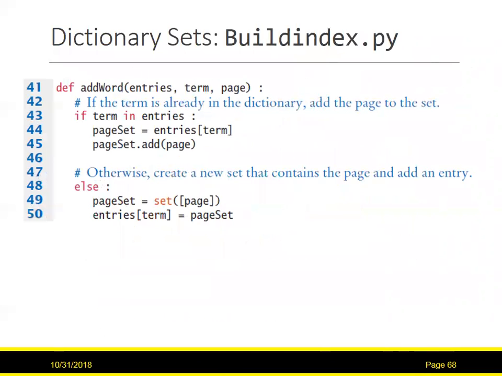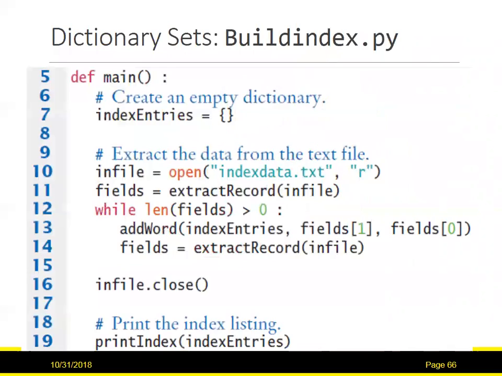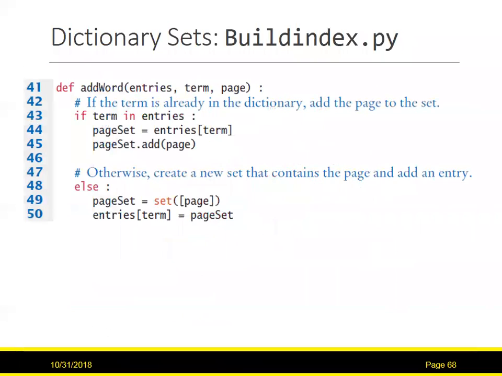So after we call extract record, we call add word and pass it 3 things: entries, term, and page, which we got term and page from the extract record function.